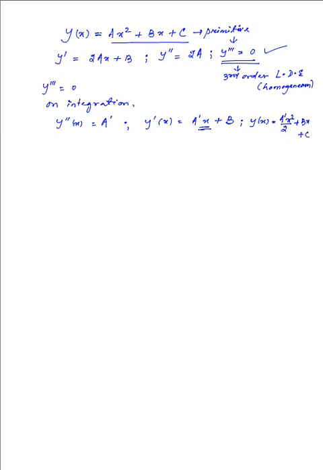Now if we compare this equation with the equation that we just obtained, the left hand side is the same, y of x and y of x, so it's only about the right hand side. So we get a to be equal to a prime by 2, and both are constants, so there's no problem with that. One is an integration constant, one was the arbitrary constant that we had given in the previous equation.